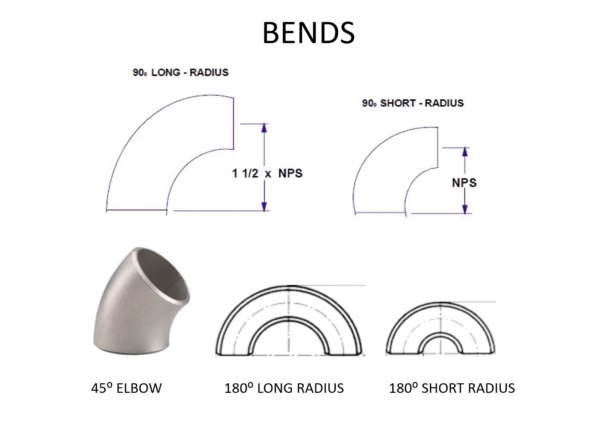So moving on with the bends, we have 90-degree bend, 45-degree bend, and 180-degree bend. These are commonly called elbows. In 90-degree elbow, we have long radius elbow and short radius elbow. If the flow in a pipe demands low pressure drop, we normally use long radius elbow.